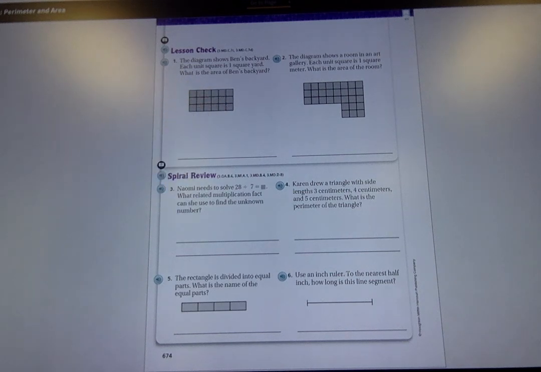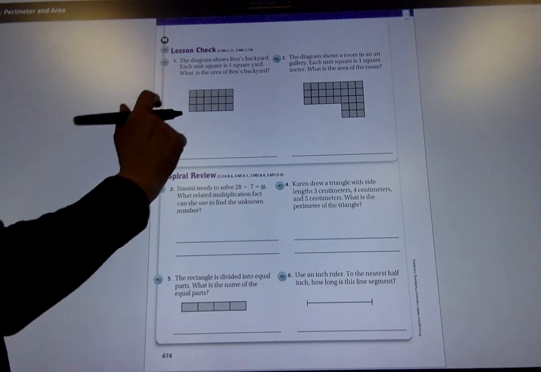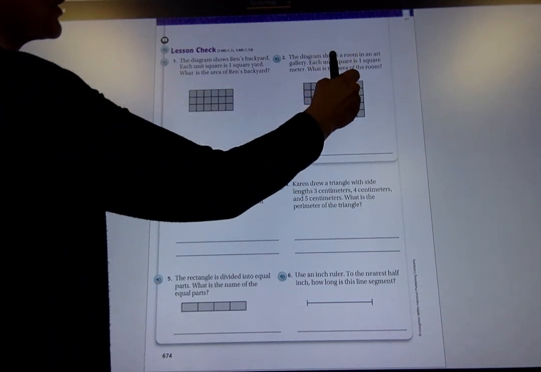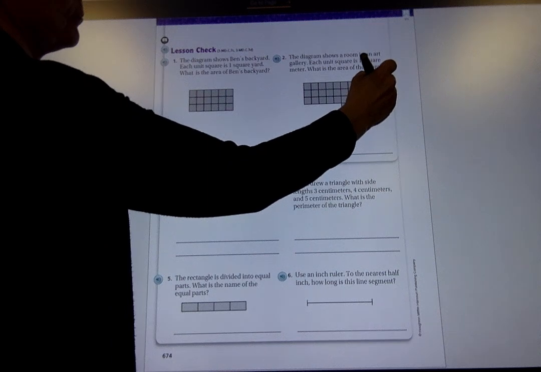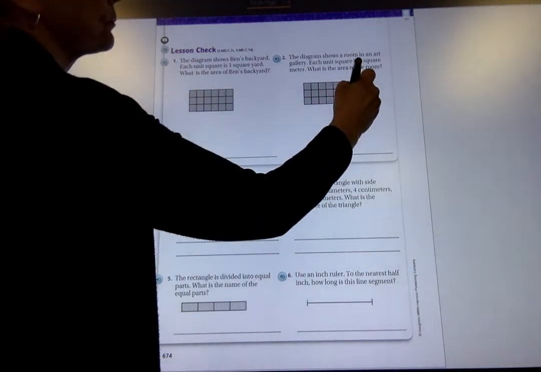Number 2, the diagram shows a room in an art gallery. Each unit square is 1 square meter. What is the area of the room? So you can either split the room this way or this way, whichever way you want.